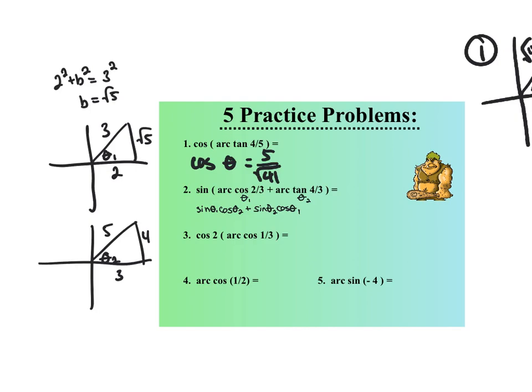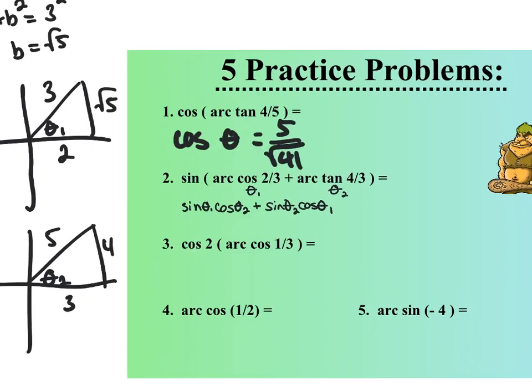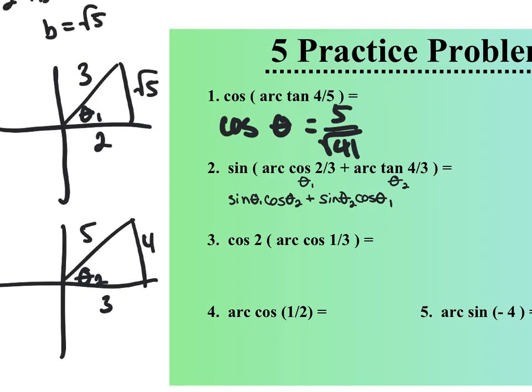Okay, so I'm going to use those to solve this. So sine of theta 1 is going to be opposite over hypotenuse, root 5 over 3. Cosine of theta 2 is going to be adjacent over hypotenuse, that's 3/5. Plus, the sine of theta 2 is 4/5, and the cosine of theta 1 is adjacent over hypotenuse, 2/3.